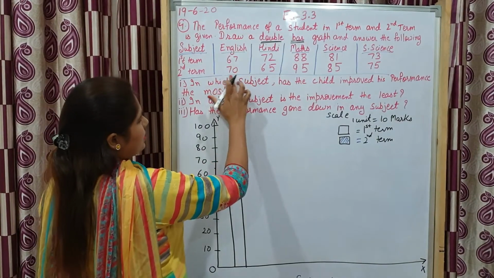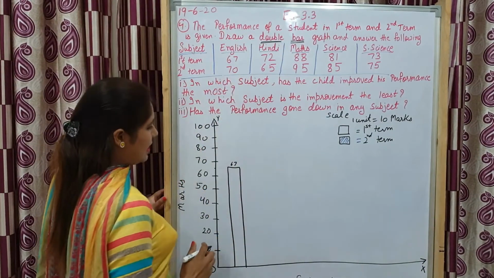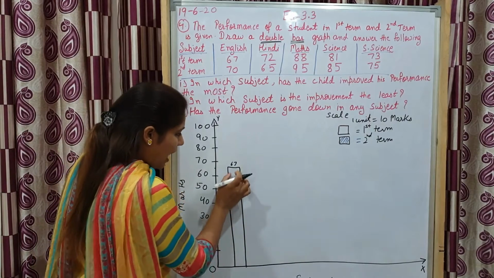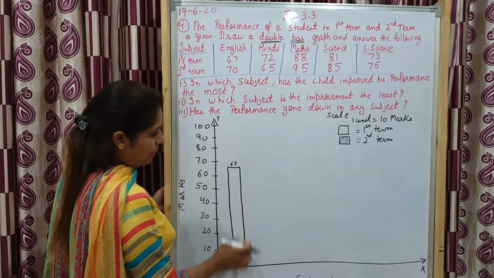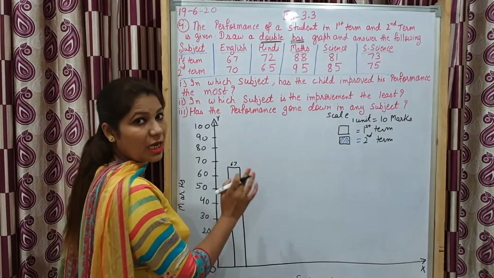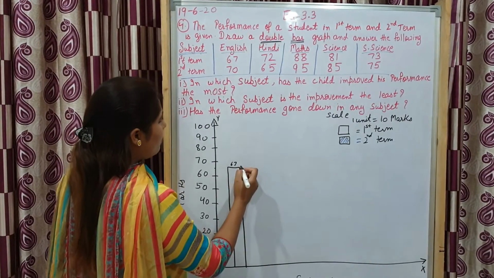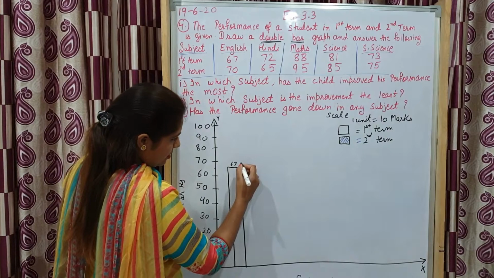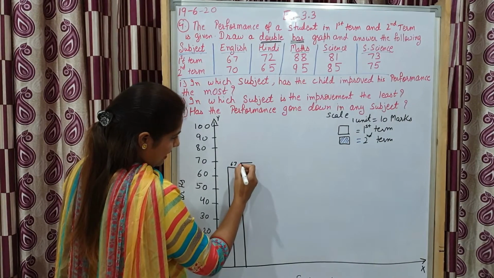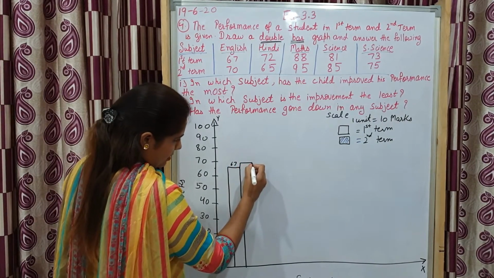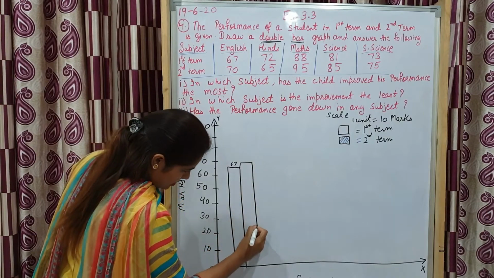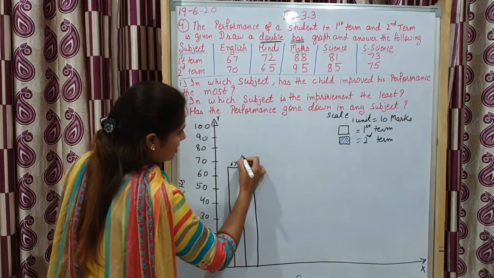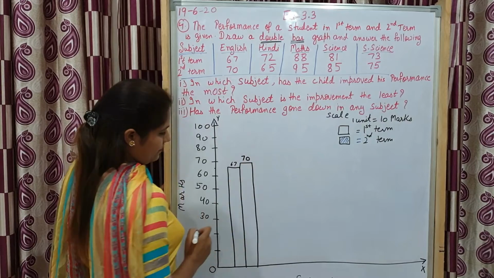Now English subject second term marks are 70. After drawing the first term, we will not leave any box. Now we will continue, that is 70. Here I mark a line, then I will join here. This one is 70.